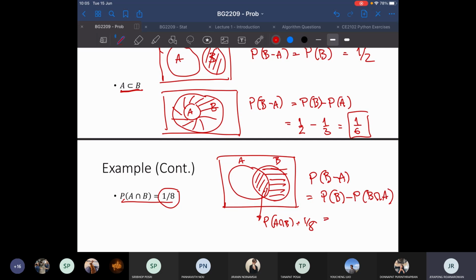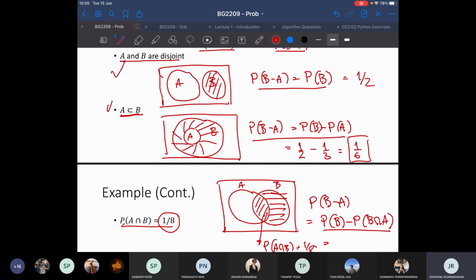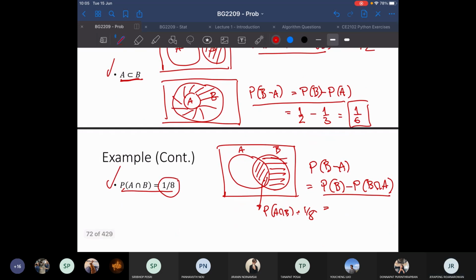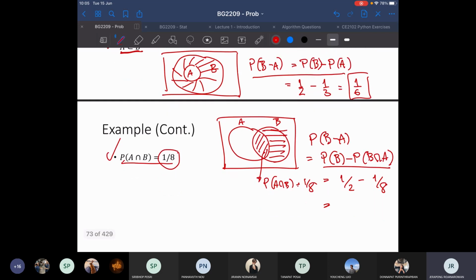You can see that the equations are not the same; it depends on the case, so you draw the figure and answer accordingly. Therefore, P(B) is 1 over 2, minus P(A intersect B), which is 1 over 8. So what do you get? 3 over 8. That's the answer.